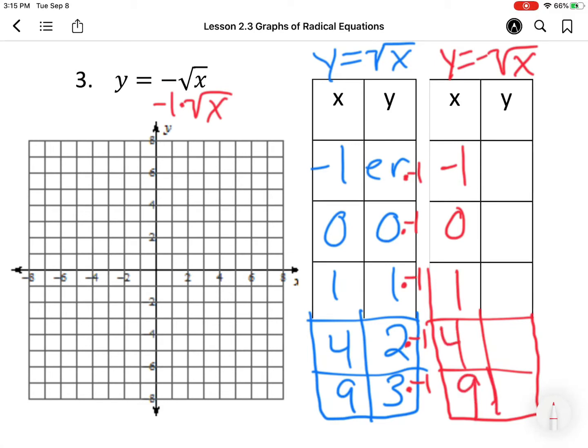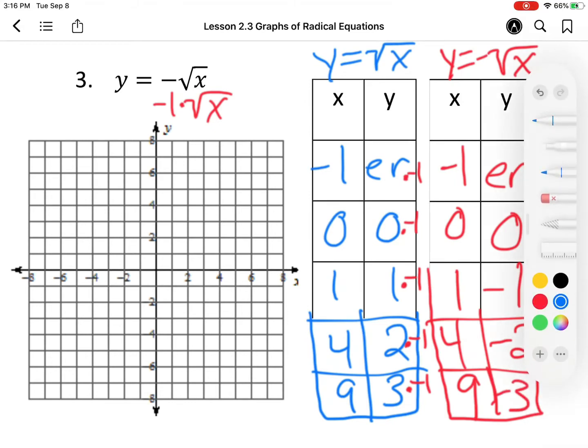We have error times -1, it's still error. 0 times -1 is still 0. 1 times -1 is -1. 2 times -1 is -2. And 3 times -1 is -3. So our parent function, still that 0, 1, 1, 4, 2, 9, 3, there.